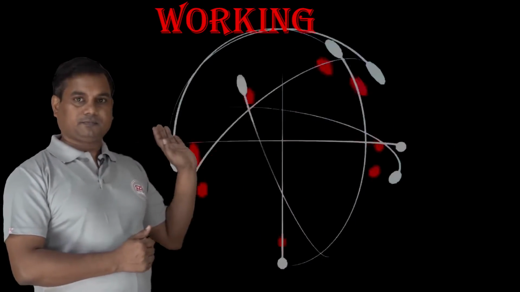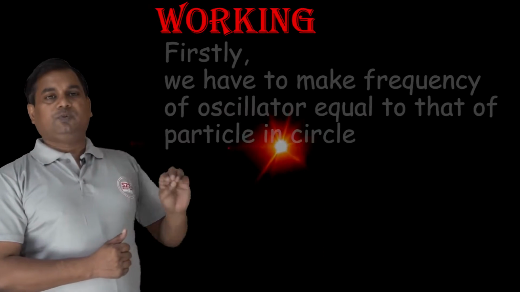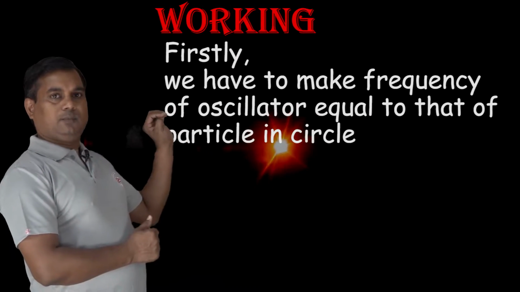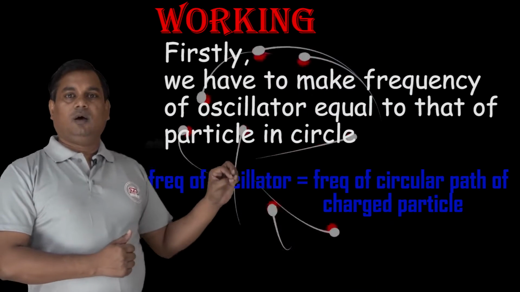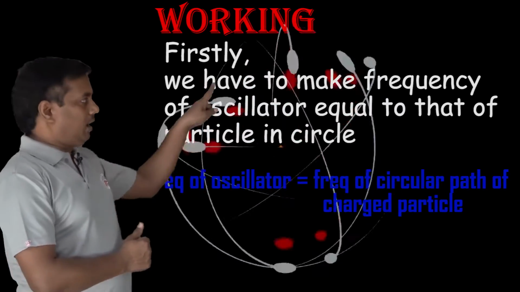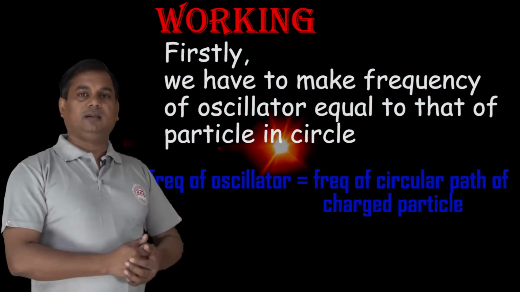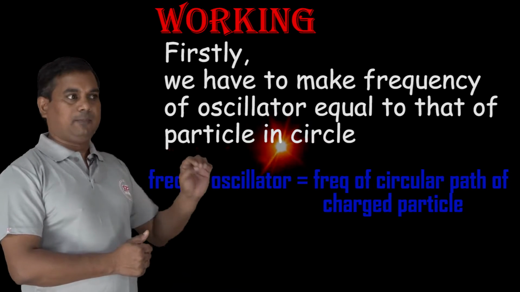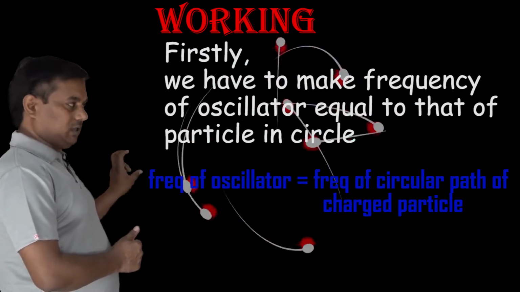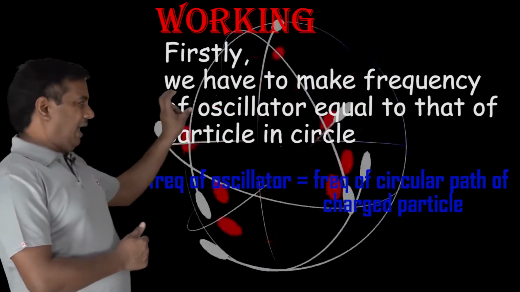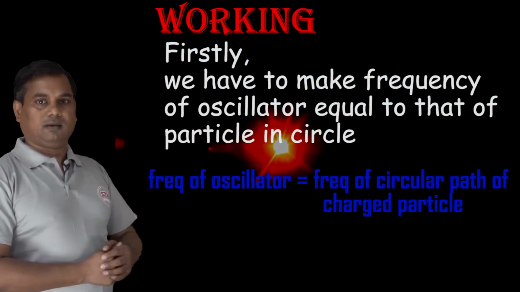Now working. When we are talking about working, at first we have to synchronize, we have to make the oscillator resonate with the frequency of the circular path of the charged particle in the magnetic field. So we have to make the frequency of the oscillator equal to the circular frequency of the charged particle.